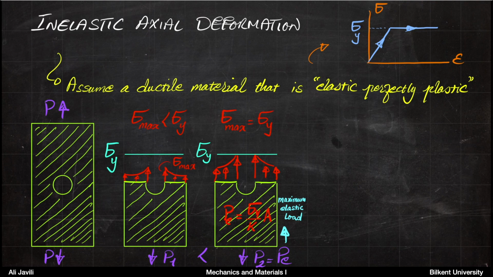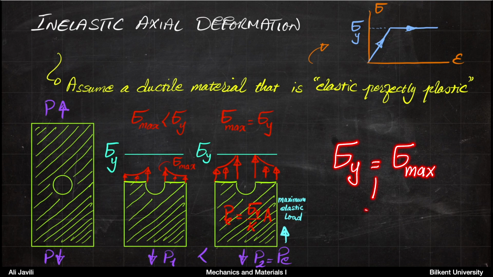And for that maximum elastic load, PE, you know sigma y divided by k times A holds. Or in other words, you can imagine that the yield stress in this case would be the maximum stress.